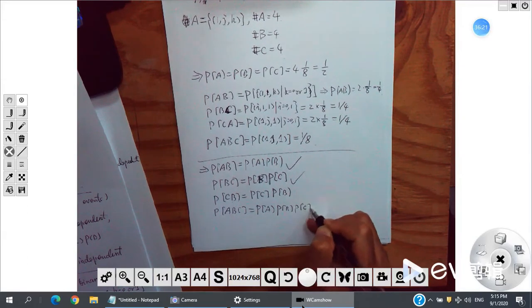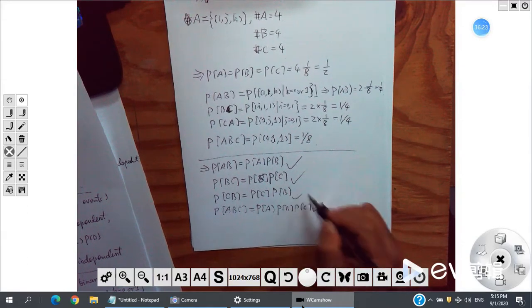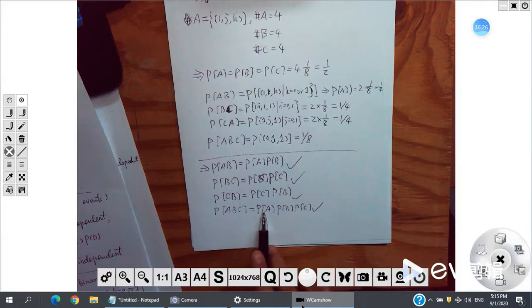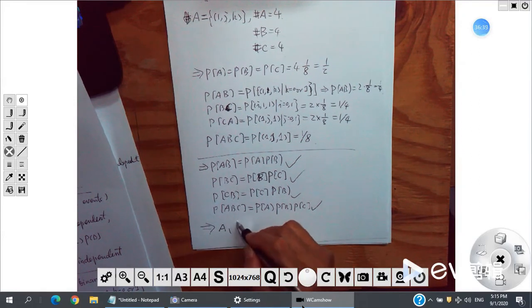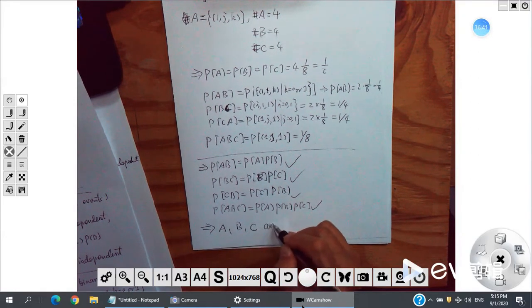Can we have this? Yes, right? Half, half, half. 3 halves multiplied together, you get 1/8. This is 1/8, right? So we say A, B, C are independent.